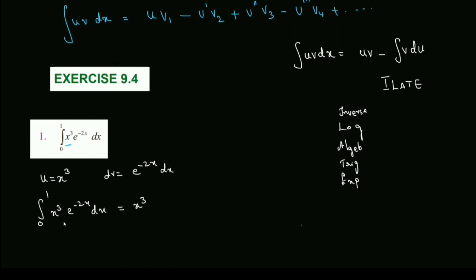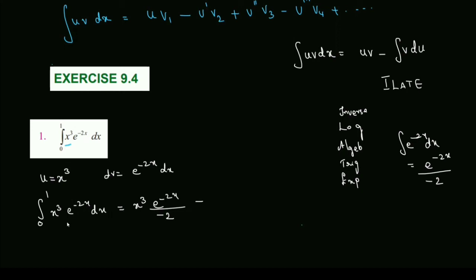Then integrate the second function. What is the integration of e power minus 2x? It is e power minus 2x divided by minus 2, since the coefficient of x is minus 2. So first write x cube, then e power minus 2x by minus 2. The formula then says minus.